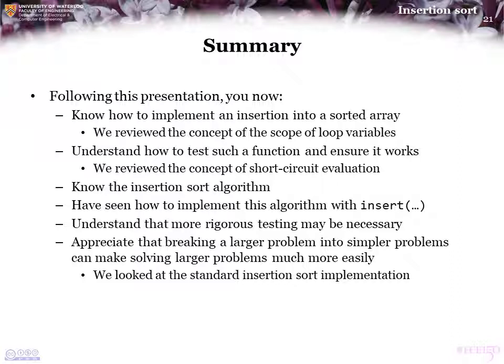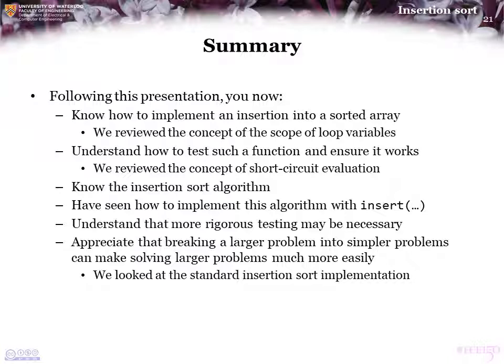So following this topic, you now know how to implement the insertion of a new entry into a sorted array. And in doing so, we reviewed the concept of the scope of loop variables. You also now understand how to test a function to ensure it works correctly, and in doing so, we reviewed the concept of short-circuit evaluation in C++.